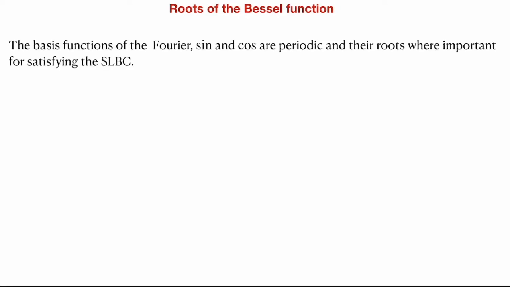The basis functions for the Fourier series, sine and cos, are periodic functions, and they have roots also at periodic intervals. These roots can be used for satisfying the Sturm-Liouville boundary condition, especially the Dirichlet boundary condition, for which the function value itself goes to 0 on the boundary.